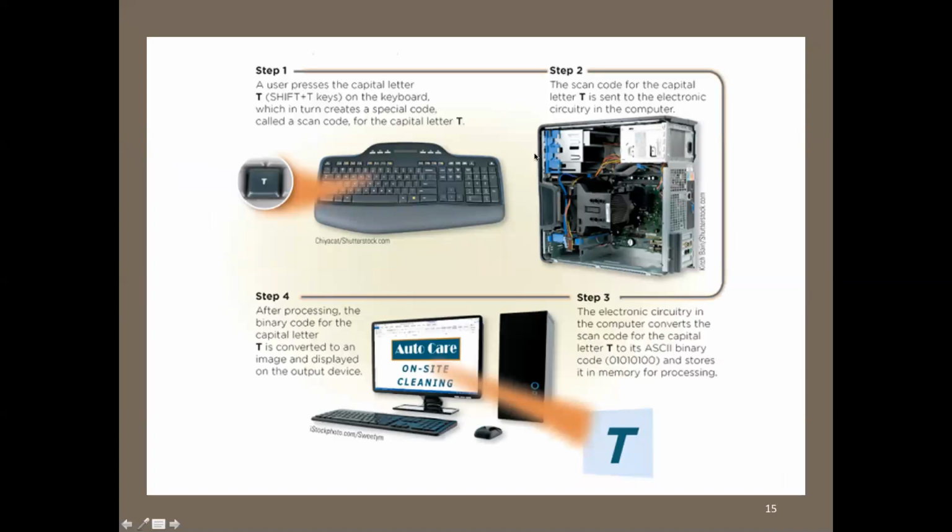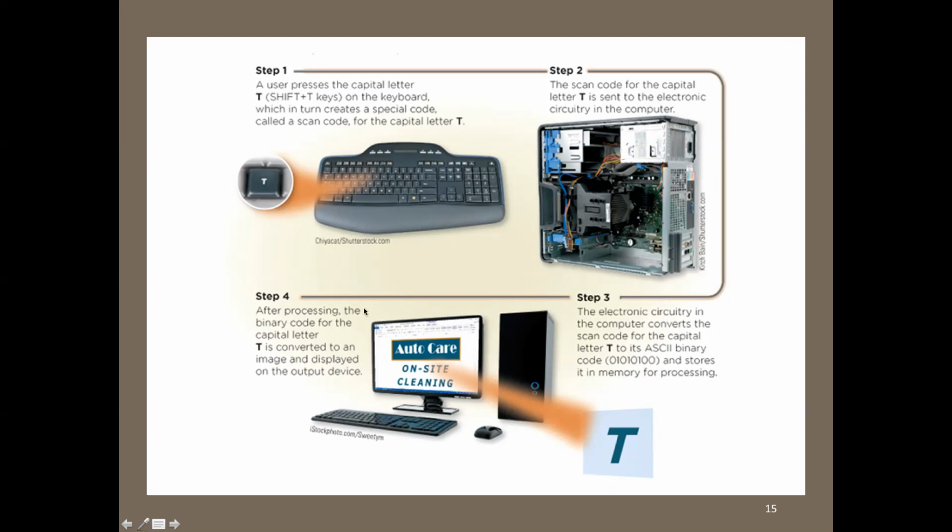So think of it this way with this. I press a T here on the keyboard, and that little T triggers some type of connection here, and the keyboard knows which one of these keys it hit. And that information is then sent into the computer, right?